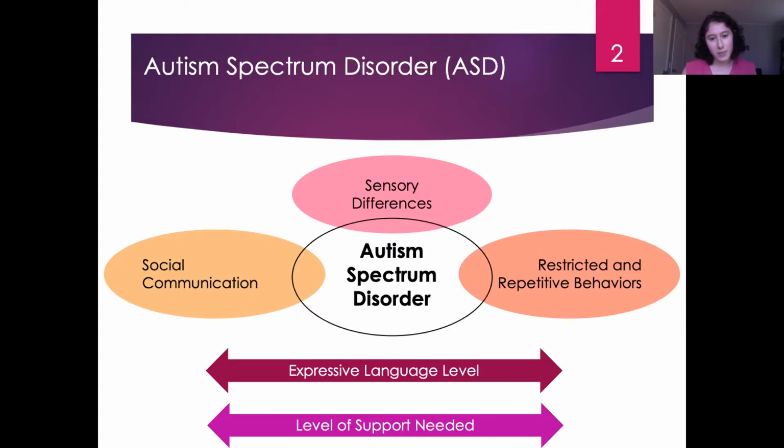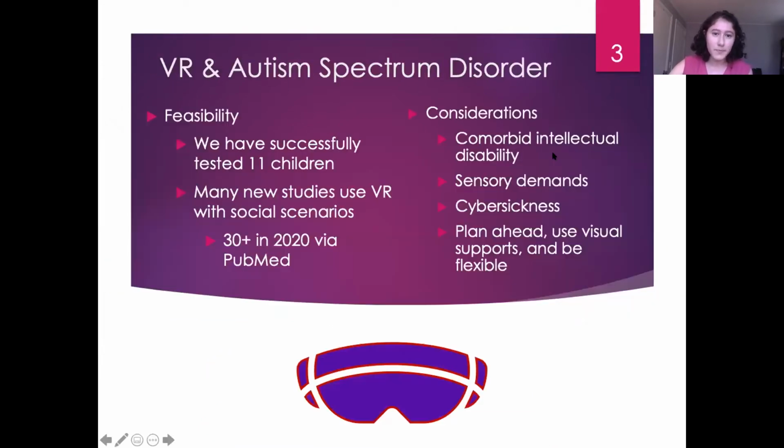And it's a common misconception that intellectual disability is a key component of autism, but it is not one of the core symptoms. But because it is a comorbidity in a lot of people who have autism, there is a really wide range of the level of support needed by these individuals.